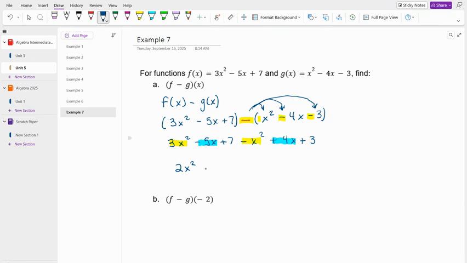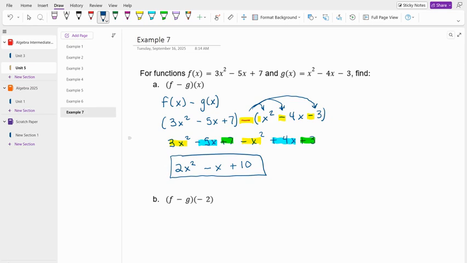The 5 is bigger, so it's minus x. And then we have our constant terms, 7 plus 3, which is positive 10. This is going to be our new function.